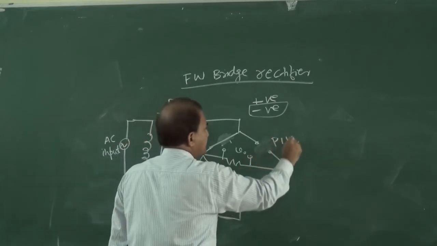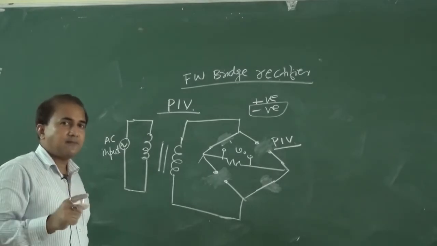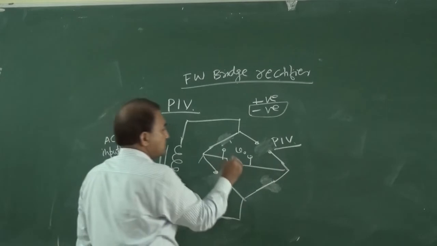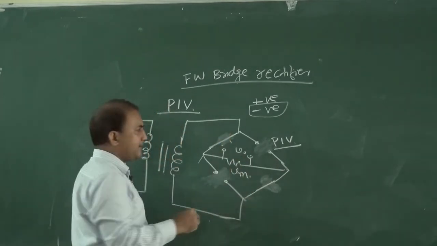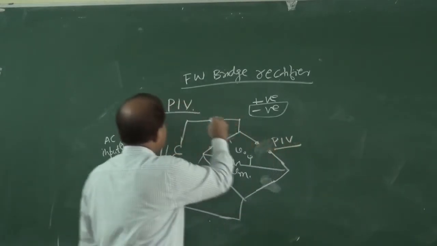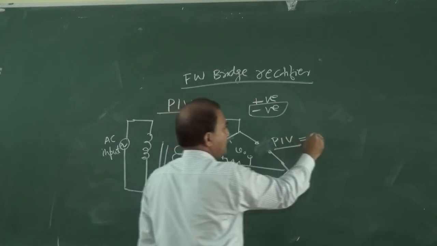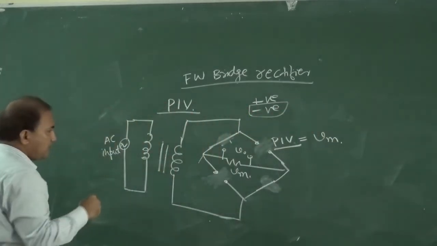So here it is peak inverse voltage. Peak inverse voltage is the maximum reverse voltage that a diode can withstand. So it is equal to Vm. Peak inverse voltage in case of a full wave bridge rectifier circuit is equal to Vm. What is Vm?